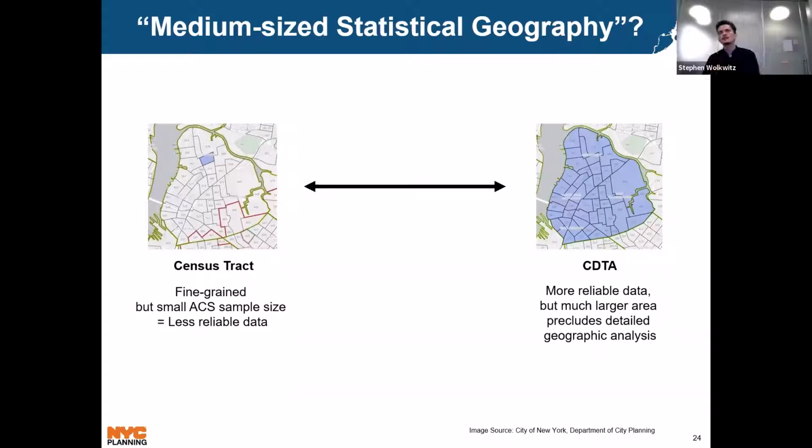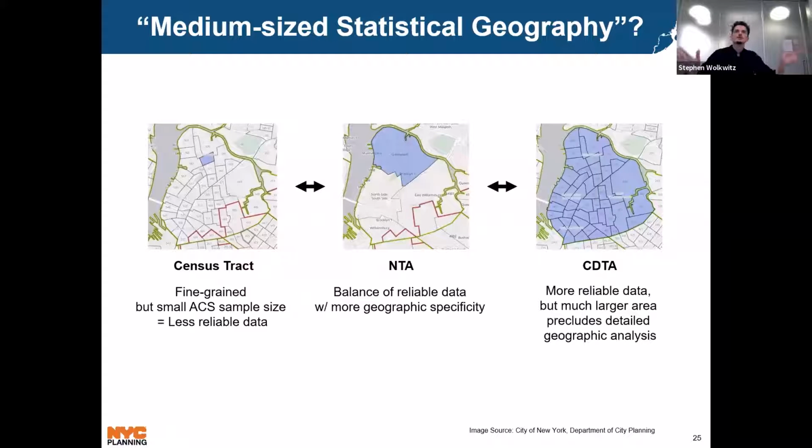And then on the other hand, the CDTAs or PUMAs, if you like, or even CDs, are much larger areas, so we're not concerned so much about getting reliable data. You've got a good sample size there. But if you want to know the difference between what's going on in Greenpoint and Williamsburg, you're not going to be able to get at that if you just have the data for the entire CD. So we then turn to the neighborhood tabulation areas as sort of the Goldilocks geography, providing a nice balance of reliable data, but more geographic specificity and more flexibility with the kind of analyses you can do, more fine-grained analyses.